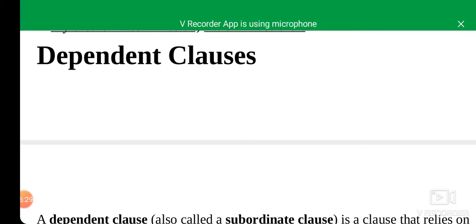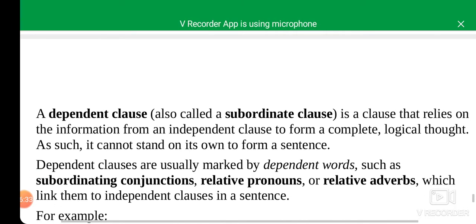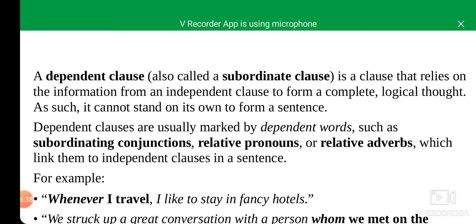Now we are coming towards the dependent clauses. A dependent clause, also called a subordinate clause, is a clause that relies on the information from an independent clause to form a complete logical thought. As such, it can't stand on its own to form a sentence.